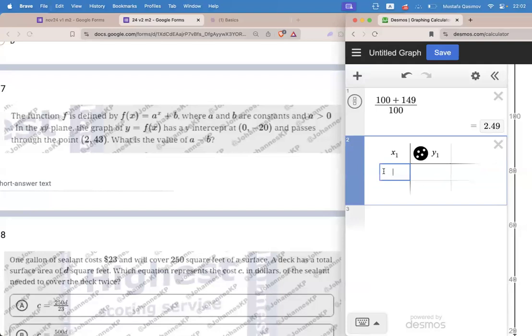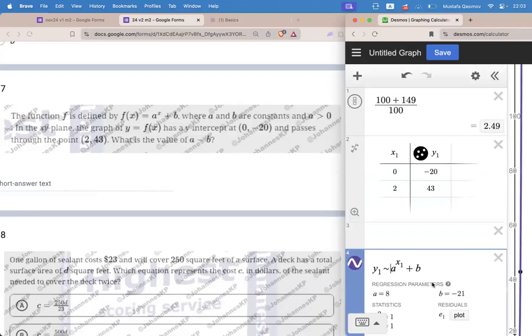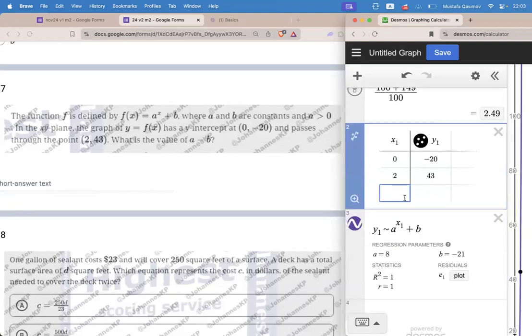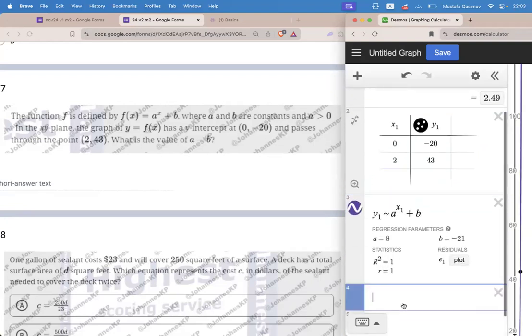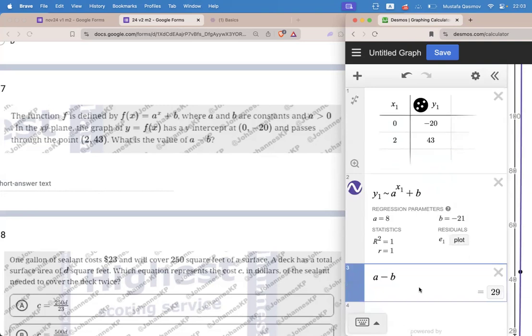First create the table, then write it. The answer is negative 21. No, positive 29. Positive 29. Any question?